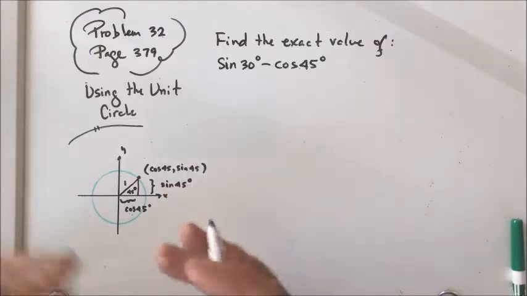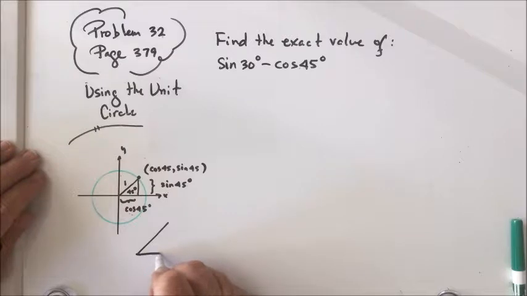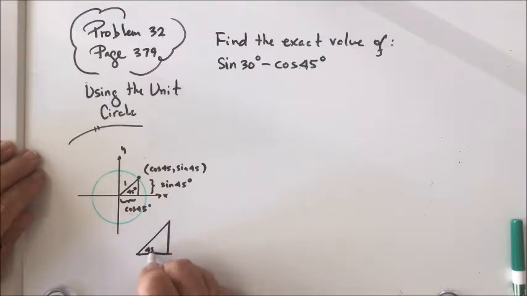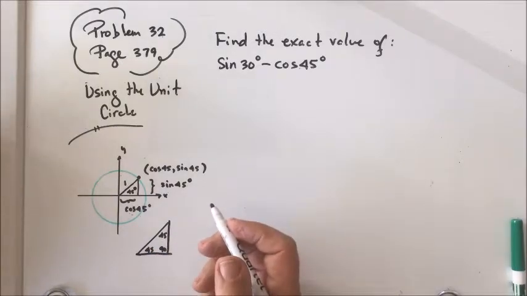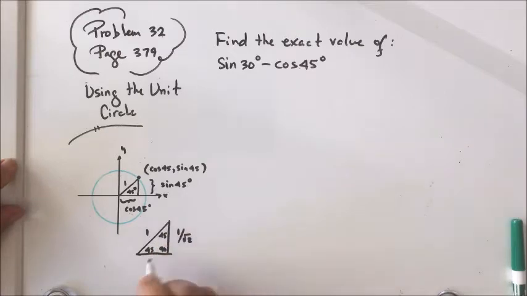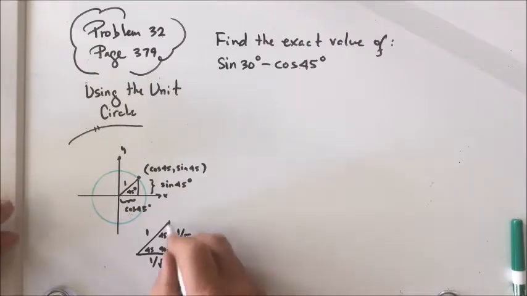So now we've got to leave the unit circle and get back into some basic geometry. This 45, 45, 90 triangle, right? Maybe right off the bat you can remember that if the hypotenuse is 1, the sides are 1 over root 2. And if you can't remember, the sides are the same.